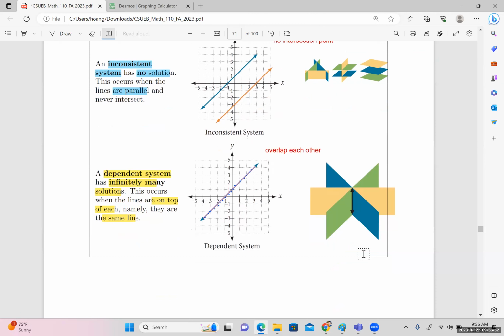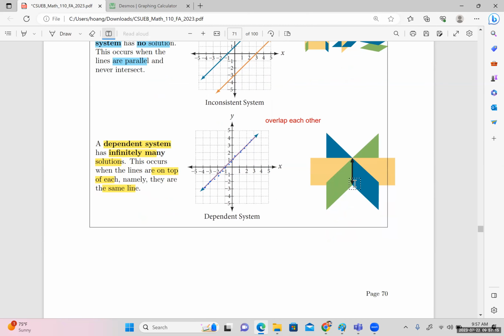Okay, so the dependent system for 3D is a case where all of them cross in one line, and this line still has many solutions, because all the points on the line will be solutions.